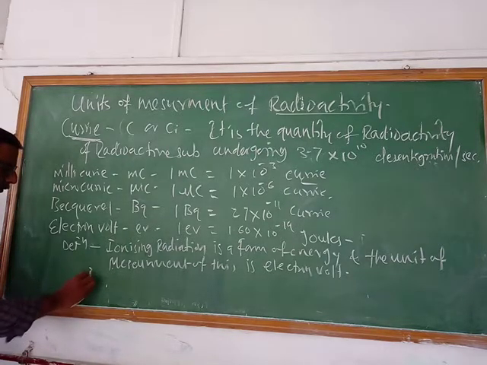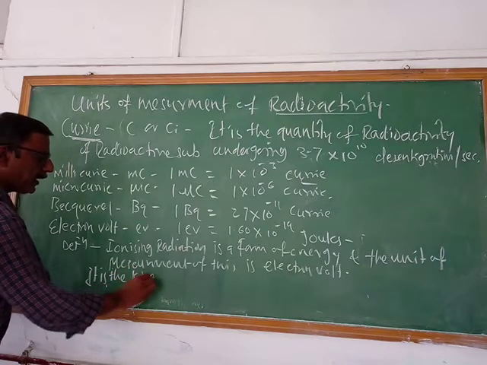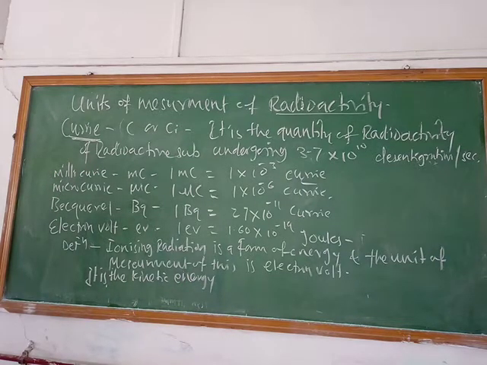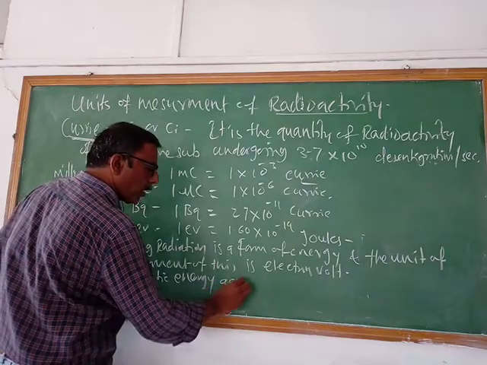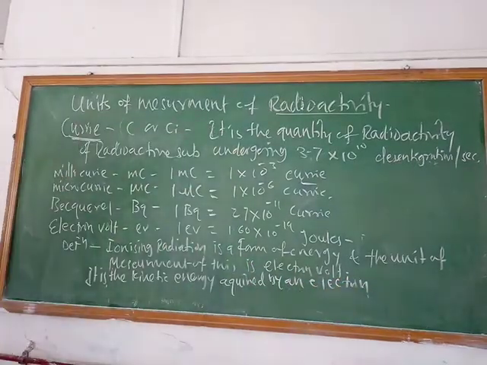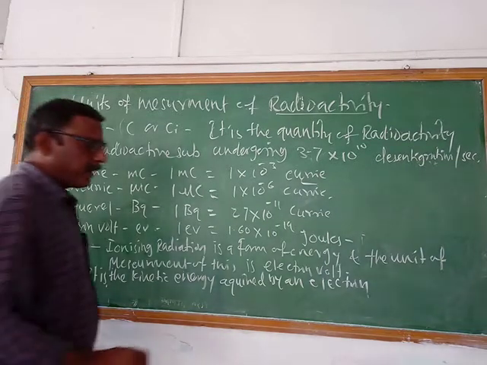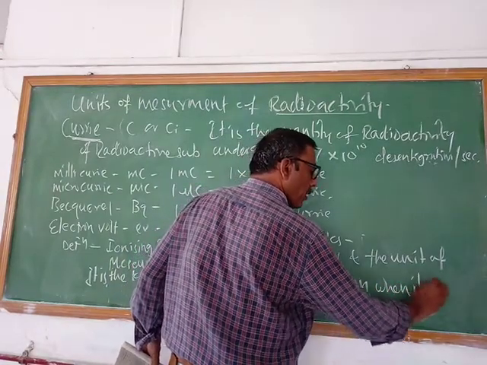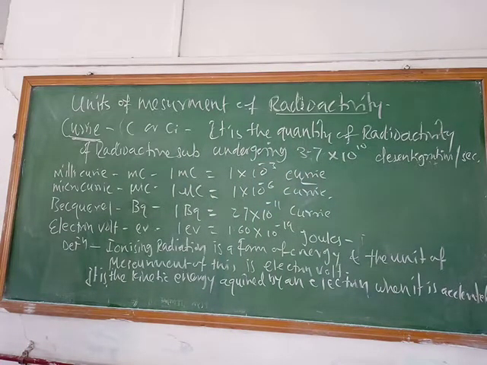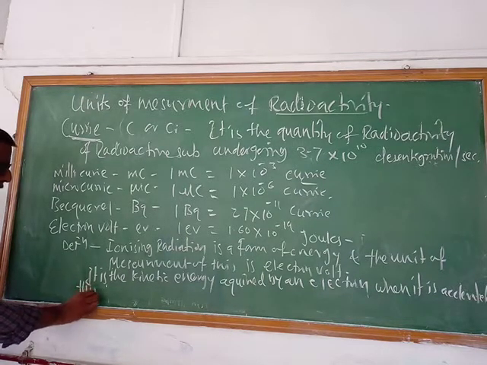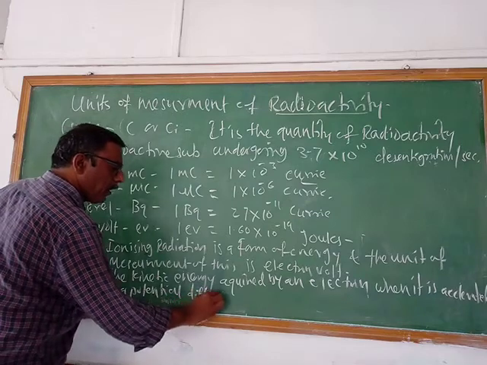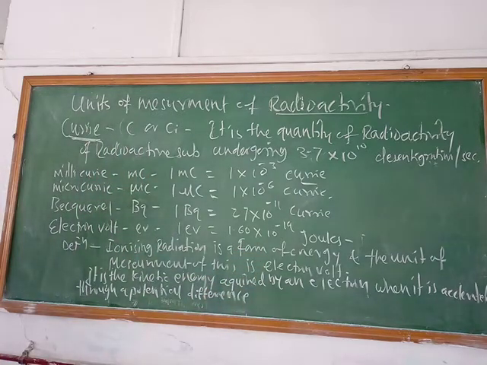It is the kinetic energy acquired by an electron when it is accelerated through a potential difference of 1 volt.